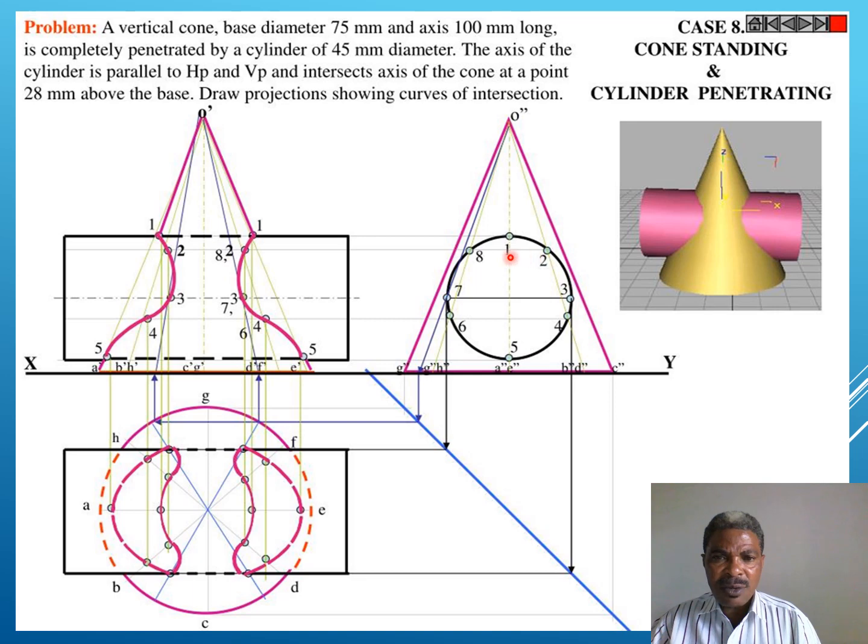After dividing, you have to project those numbers to the front view here. They have been projected, but one thing to note, there are numbers that do happen.